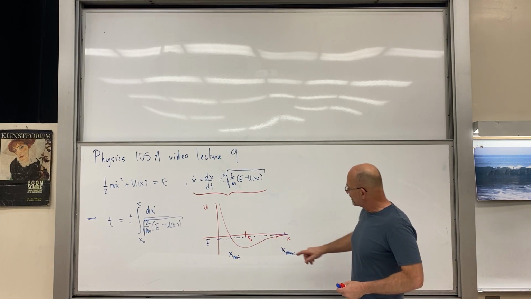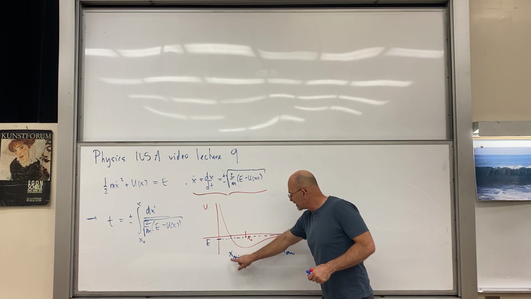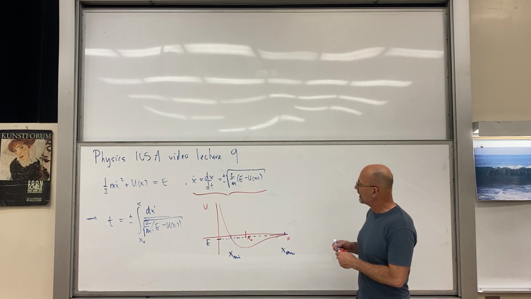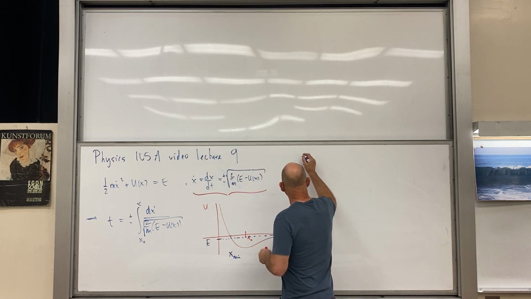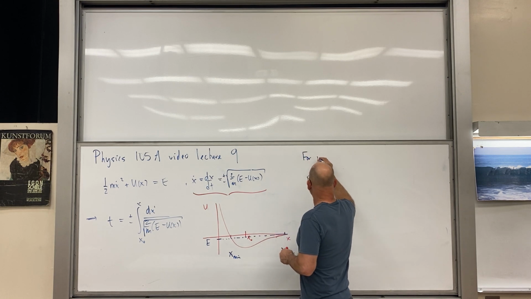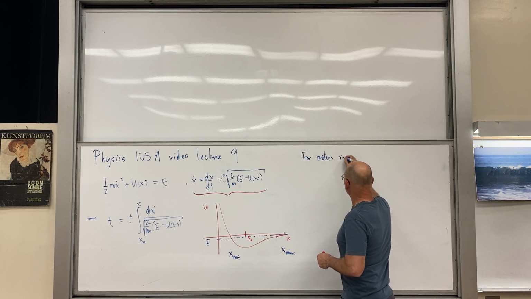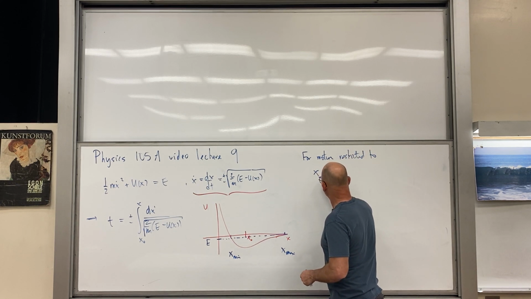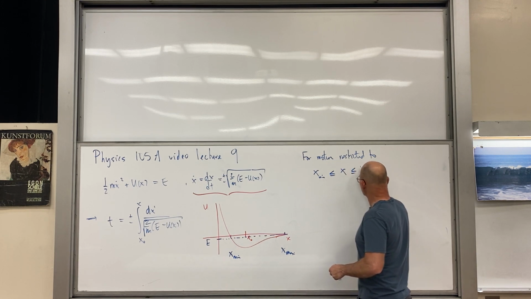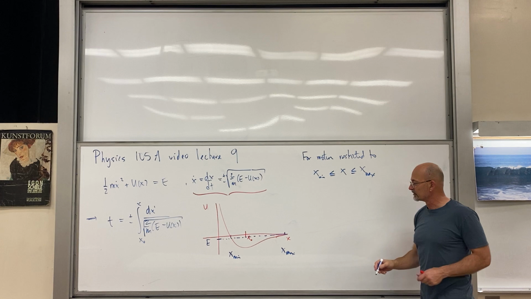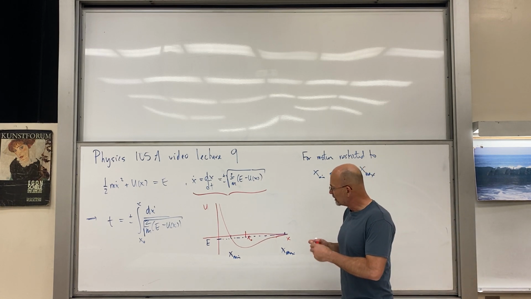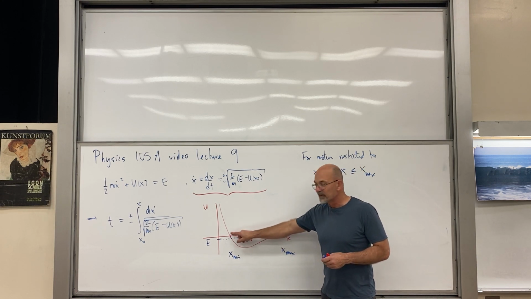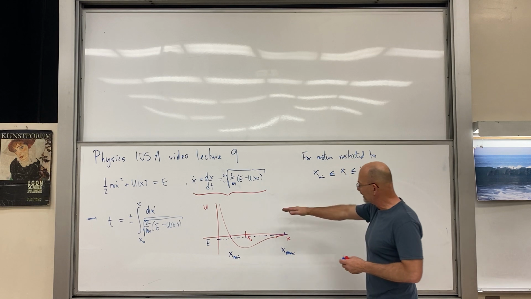Then you could talk about an oscillation, and you could say, I will go between x min and x max, for motion restricted to x min less than or equal to x less than or equal to x max. You can always just imagine a ball rolling, or something sliding between here without friction, back and forth. That's what your oscillation is in a potential well.